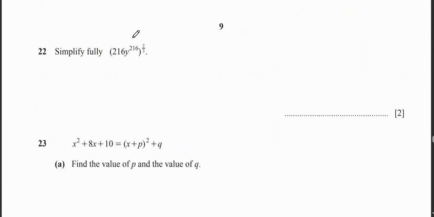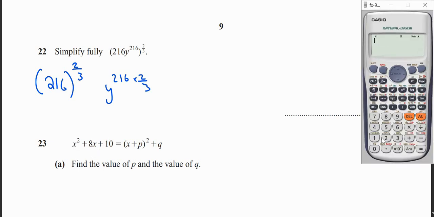Anyways, next question, we have to simplify this one. You can write this separately: 216 raised to power 2 upon 3, and y, 216 multiplied by 2 upon 3. Just take a calculator if you want. 216 raised to power 2 upon 3 is actually 36.